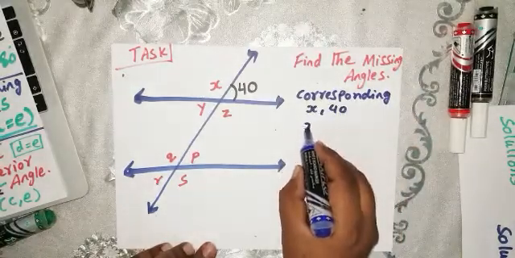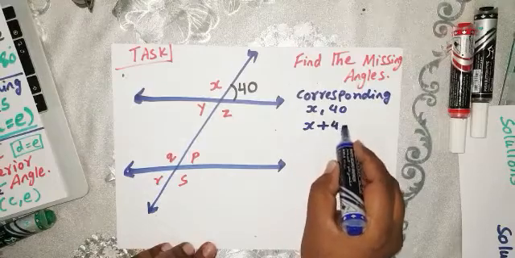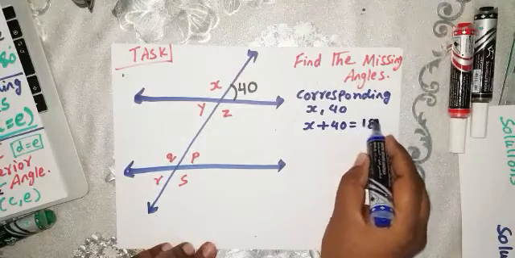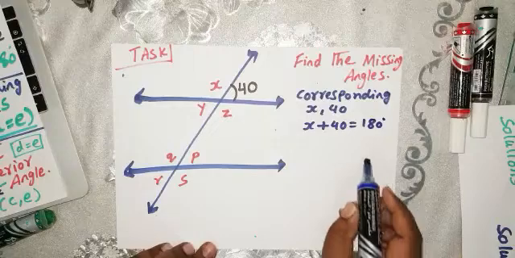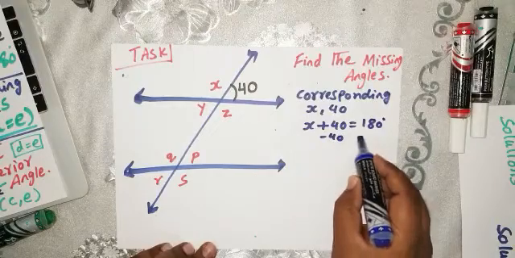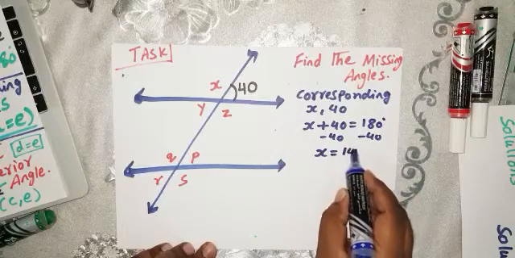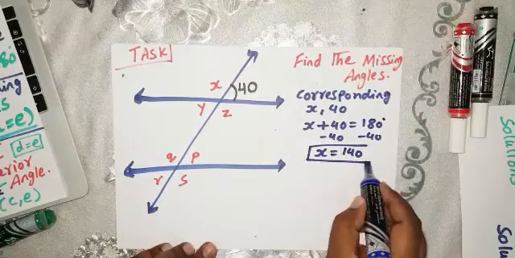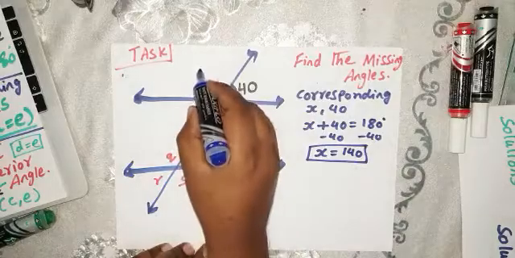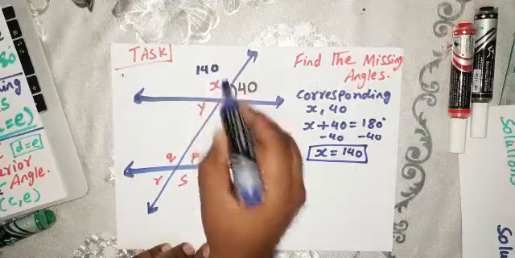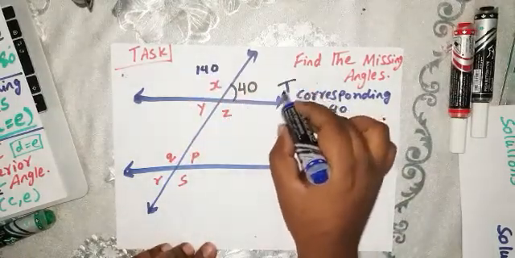What is the rule for corresponding? They sum up to 180 degrees. If I take away 40 from 180, you get the value of X. X is 140. So we achieve our first task, 140. So first I started with corresponding.